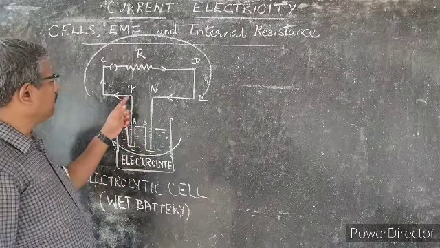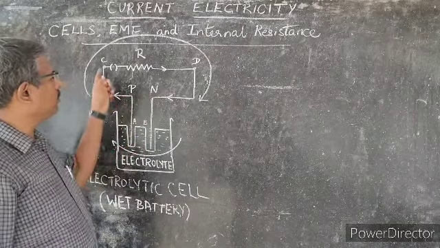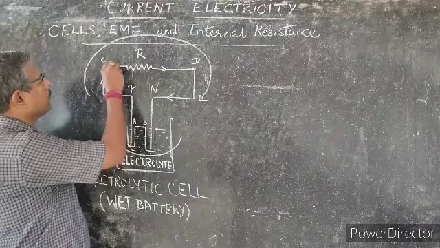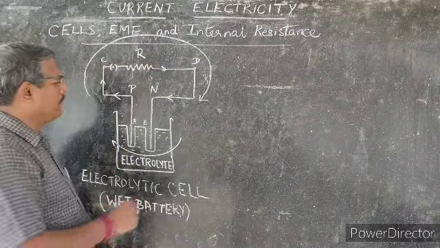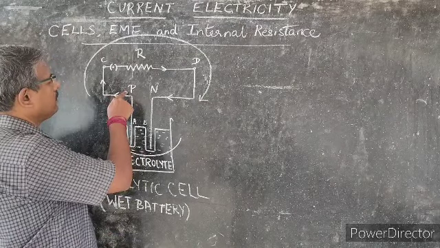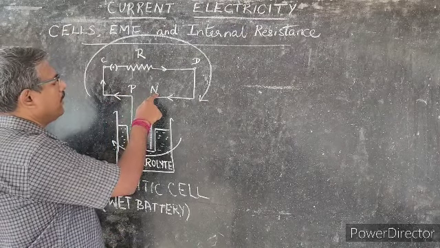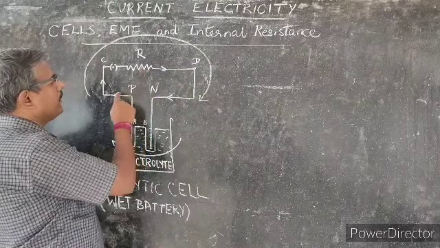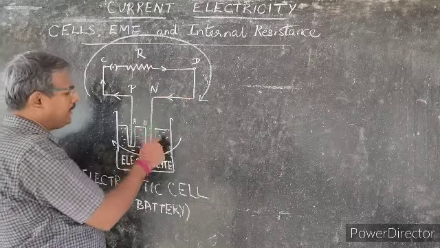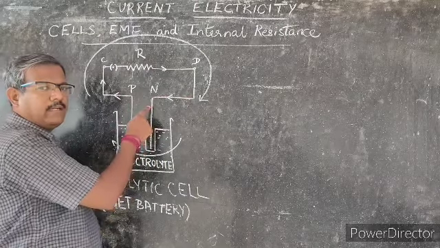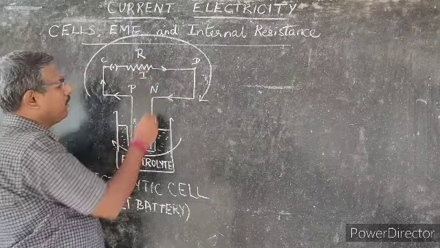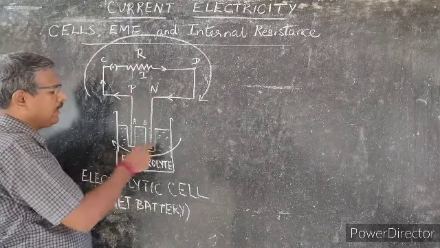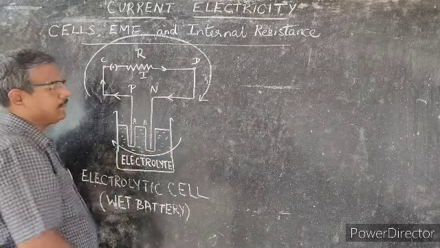Now when I connect the two electrodes, the positive and negative electrode, through an external resistance capital R, and I close the circuit, then current from the positive electrode to the negative electrode N flows through the resistance R in this direction, and internally through the electrolyte the same current, let's say I, flows from point N to P in this direction.